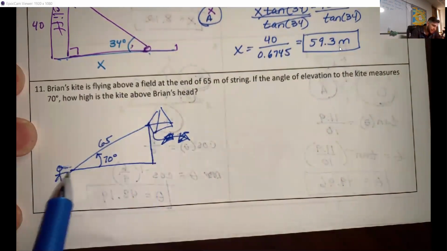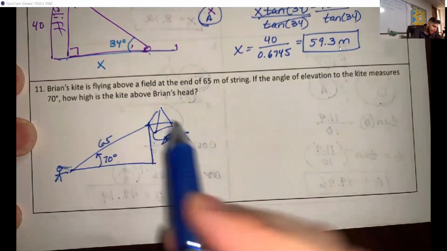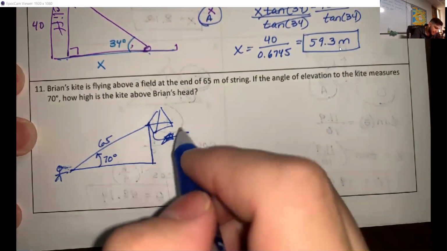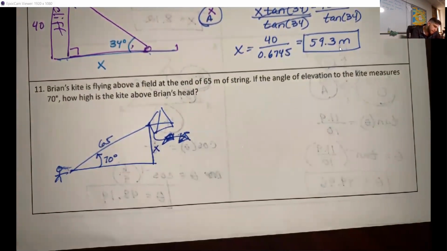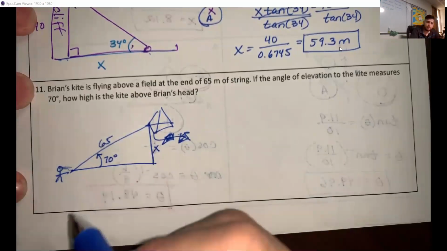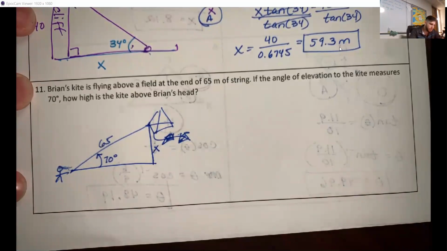We're just going to assume any difference here is negligible, so we'll say that this height right here is above Brian's head. So this is how far up we want to go. And there you go. We have a perfect triangle that we can work with here. I don't need to redraw it. This is easy enough to see.